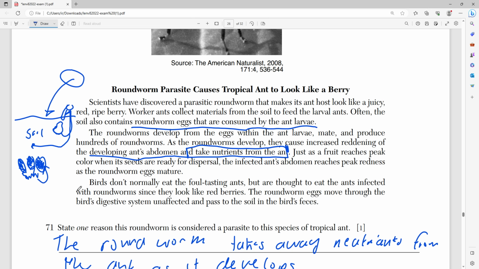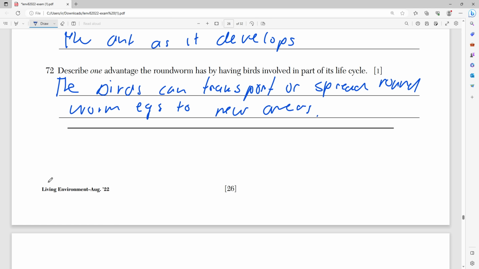So by getting eaten by the bird, the roundworm benefits from the possibility of the bird flying a couple miles and pooping it out. Now it's in a brand new area where it can hopefully find a new ant colony to infect, because the one it already infected is dead. So one advantage is that it could spread to new areas and thus survive.